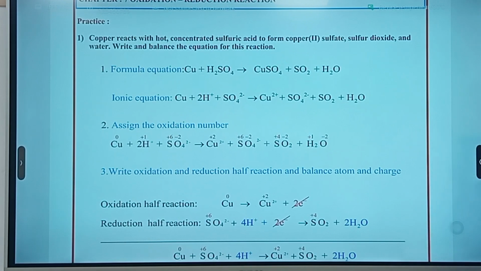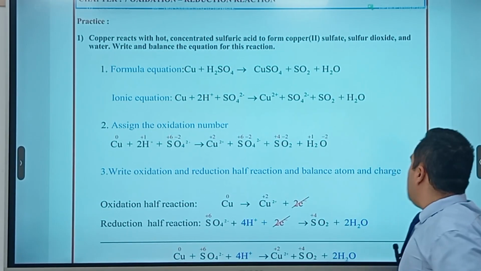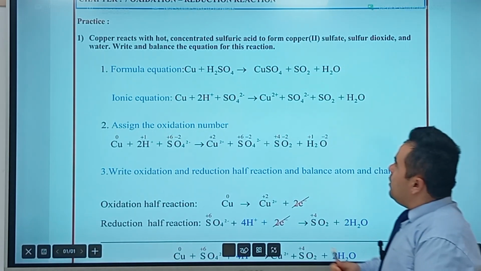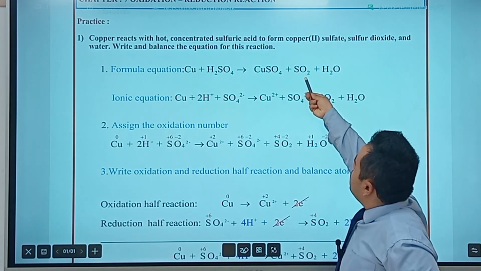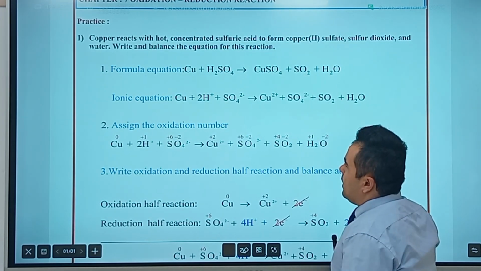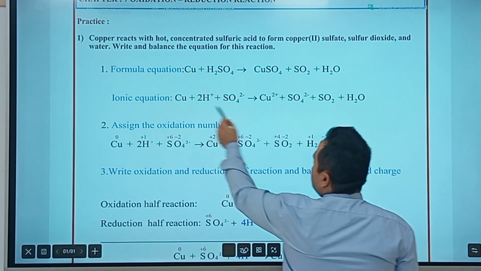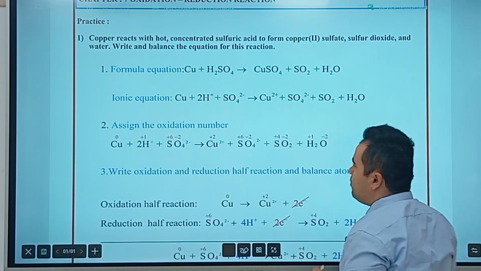Another reaction in acidic medium. This reaction I will be showing as quickly as possible. Copper with H2SO4, copper sulfate with SO2 and H2O. Write the ionic equation, assign the oxidation numbers. Here is the overall ionic equation, and then we assign the oxidation numbers, guys.